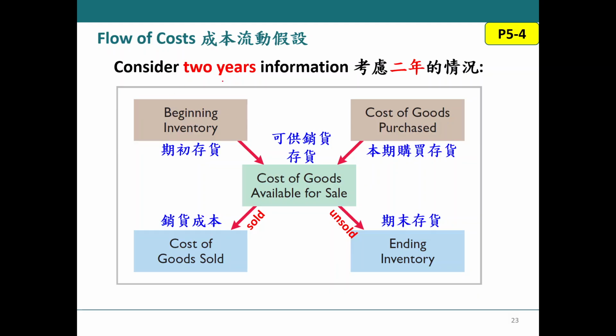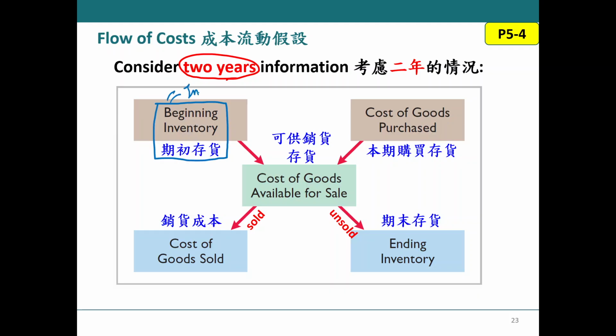So when we consider the data information for 2 years, don't forget, we still have the inventory from last year. We call it beginning inventory. What does that mean? This year on first day, before you do anything, you look at your company, you find out you still have some inventory in your company, right? That's because from last year, we have some inventory, okay?